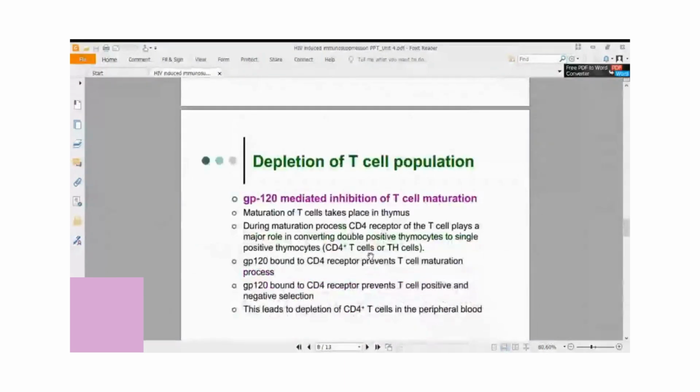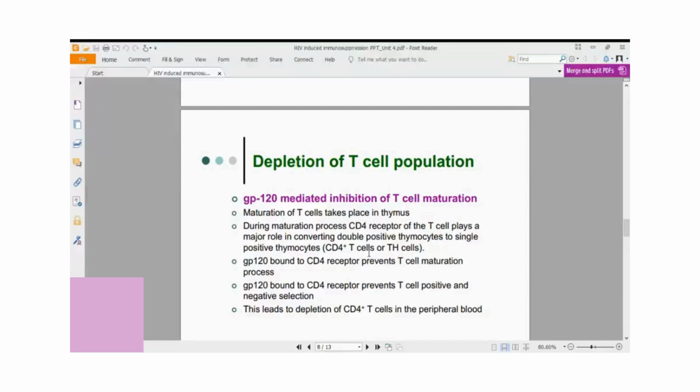Okay, so here the TH cells and TC cells are very important for combating the infection, and they undergo maturation in the thymus. When they undergo maturation in the thymus, they go through two processes of selection. One, positive selection, another, negative selection.